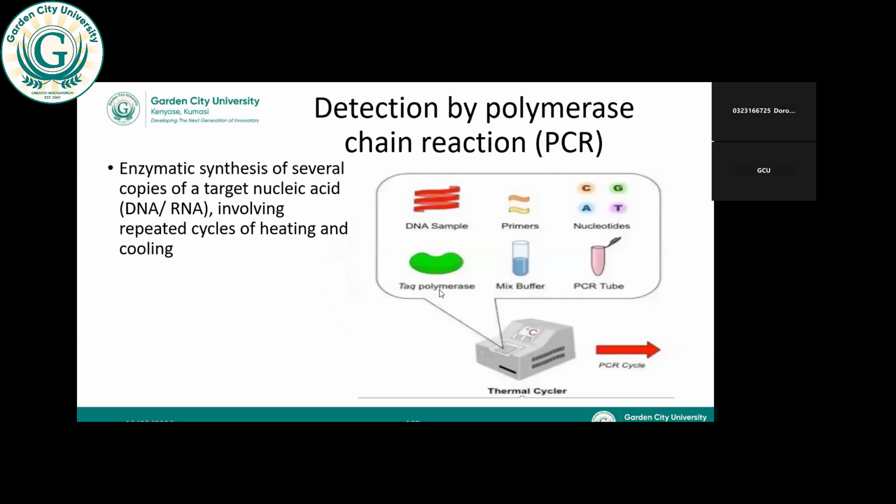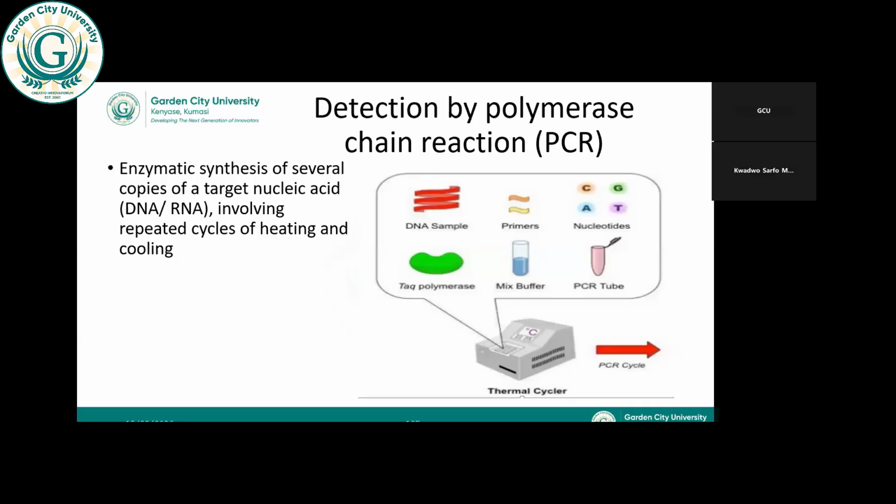Polymerase chain reaction. It is an enzyme that is going to multiply or amplify the target viral DNA or viral RNA. So it's about heating and cooling. When you heat, something happens to the sample. When you cool, something happens to the sample.